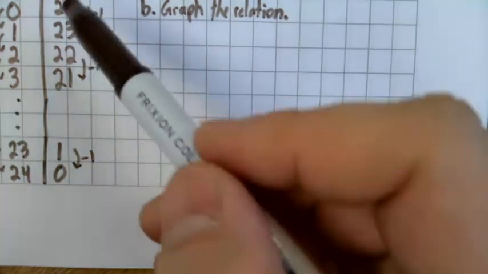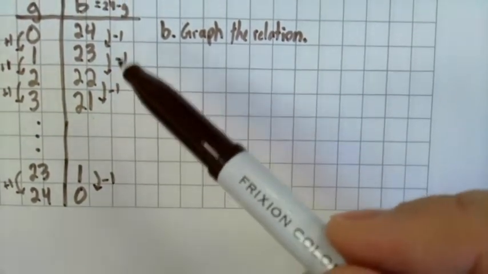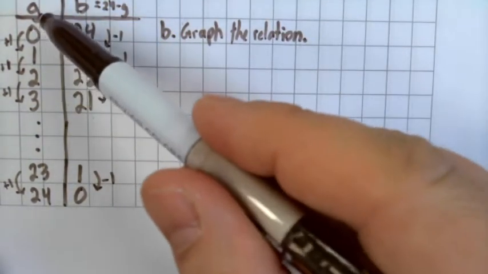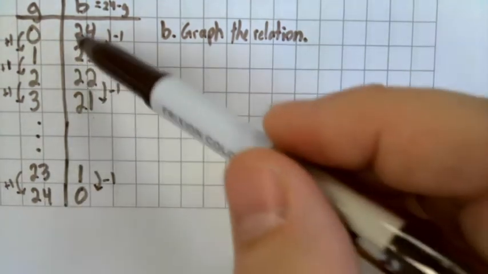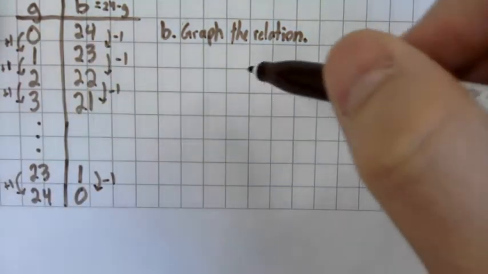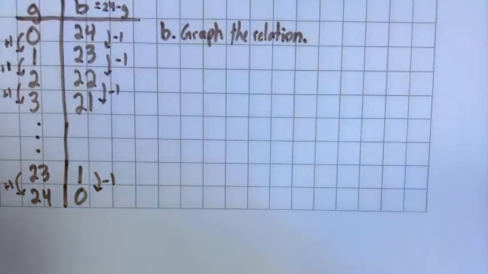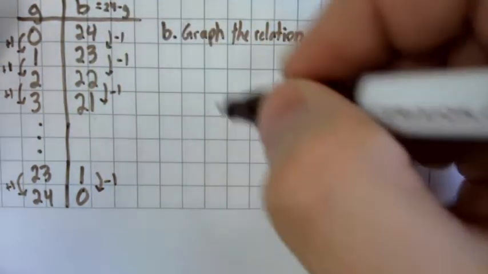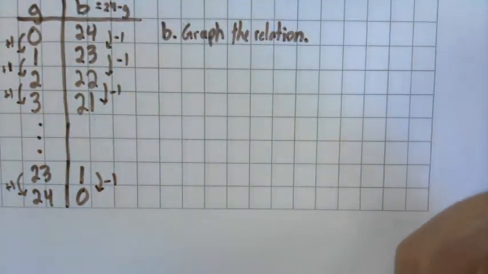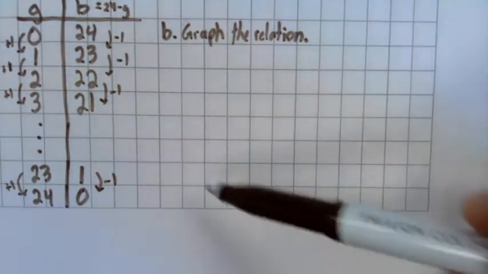And then I need to think from my table, well, what values do I need it to go up to? The girls could be as high as 24 and the boys could be as high as 24. So I need to make sure that I can fit up to 24 on it. And I also need to make sure I'm going up by an exact amount. Now, I only have so much space here.